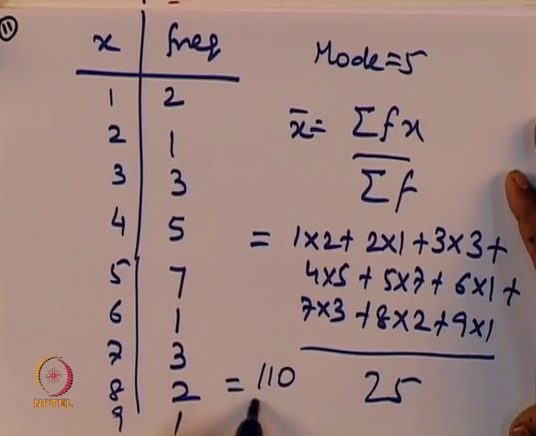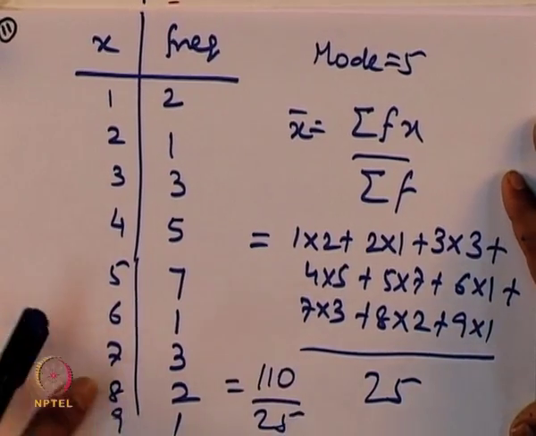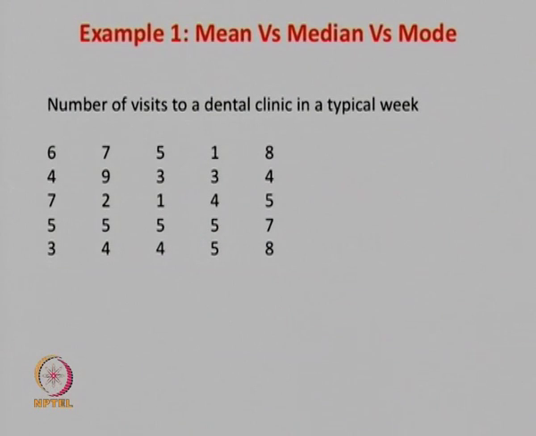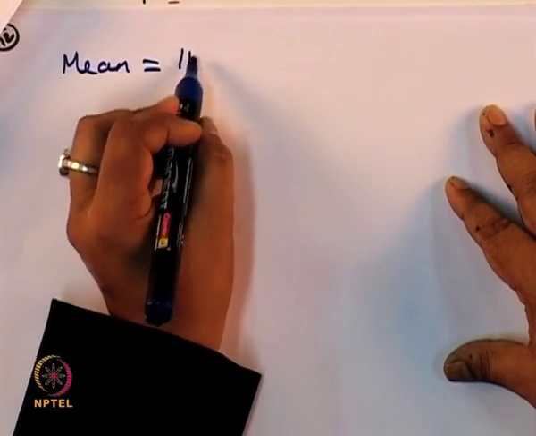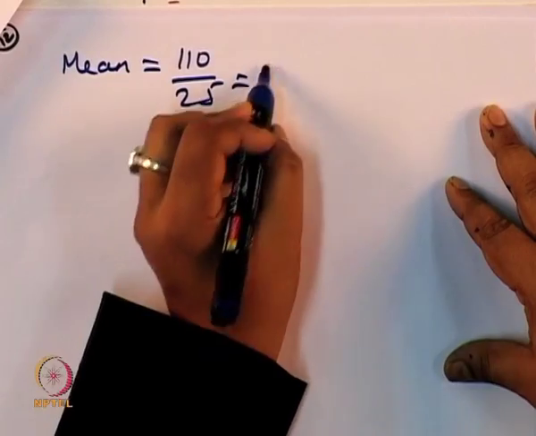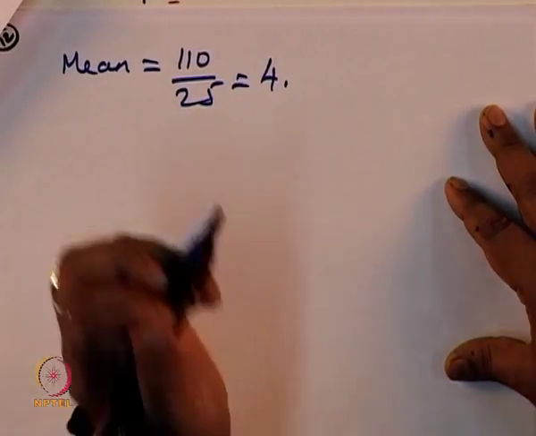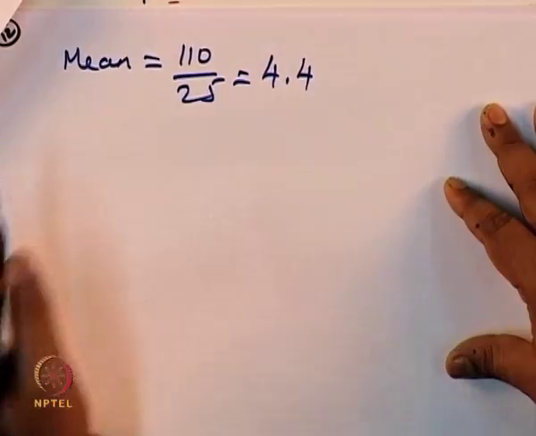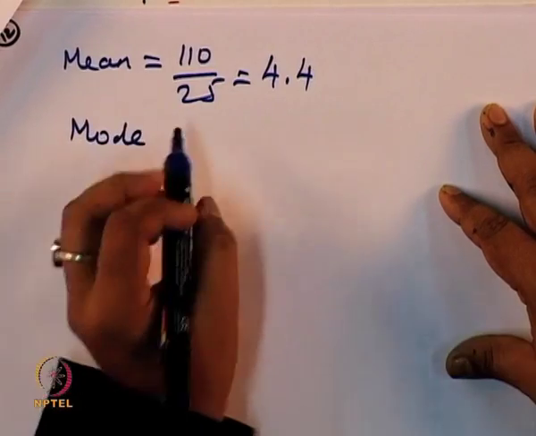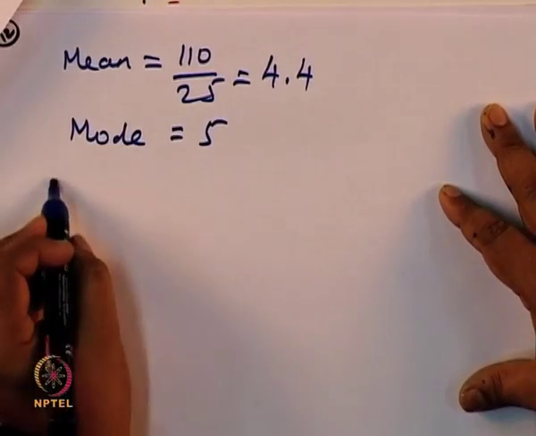So, it is 110 by 25. Okay. So, let us go to the next page. So, we had found the mean is equal to 110 by 25, which is 4.4. The mode we have found out as 5, and the median.